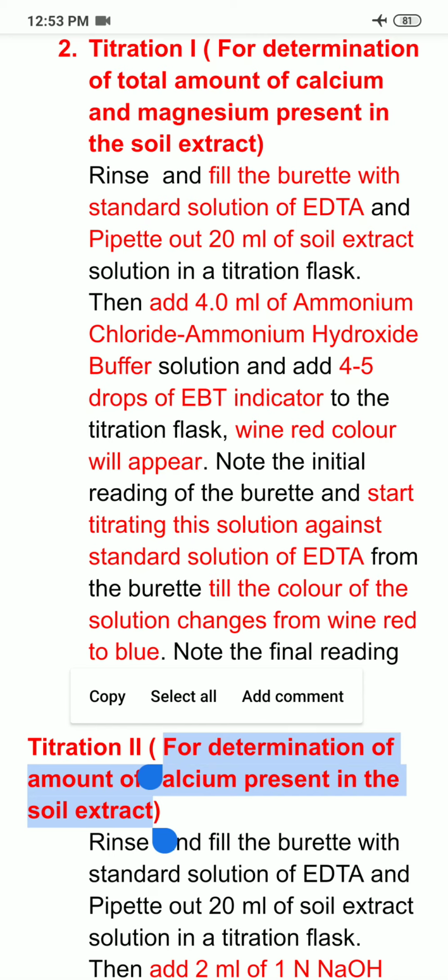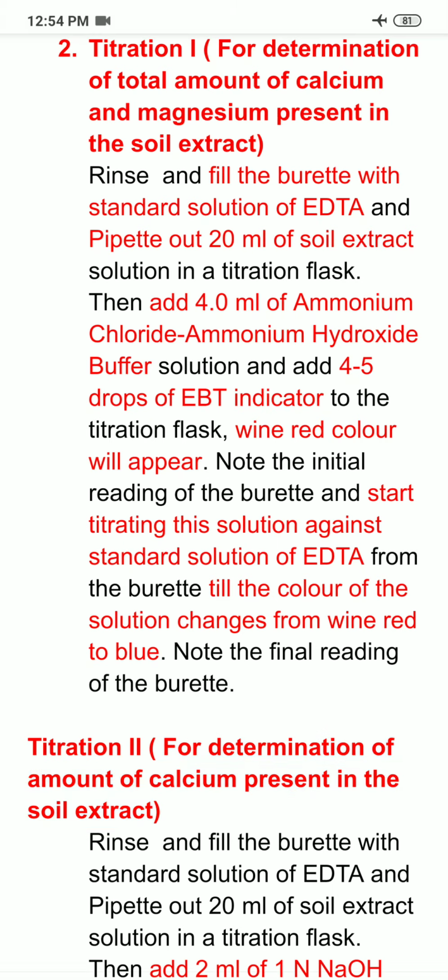If we determine the total amount of calcium and magnesium, and independently the amount of calcium, then the difference gives the amount of magnesium present in the soil.